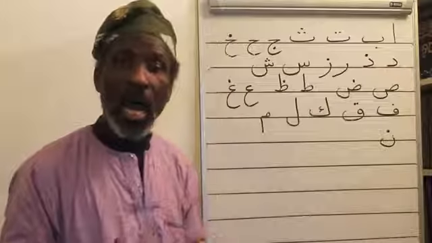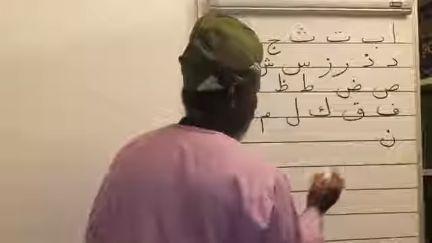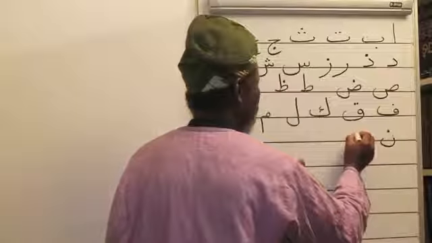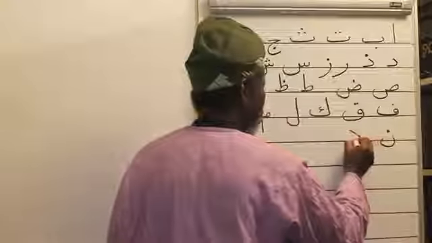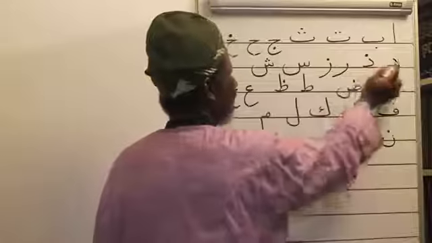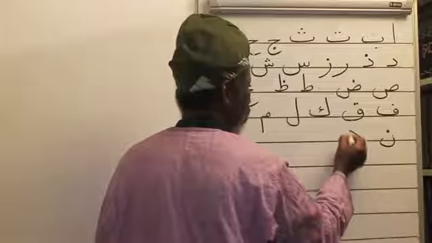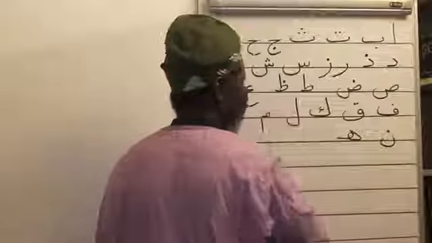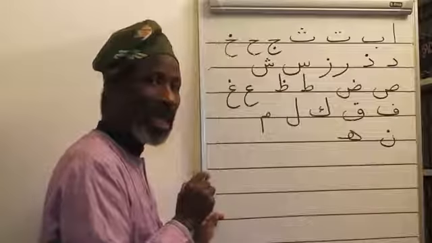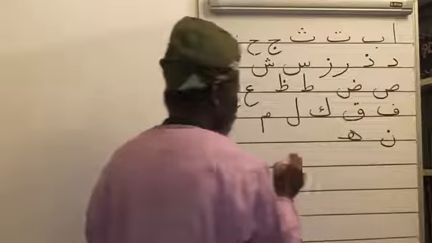Now is Ha. Let's see how we get that Ha. It's like a combination of this Dal, and then you go inside. That's your Ha. I'm going to do it again and then show you another one.